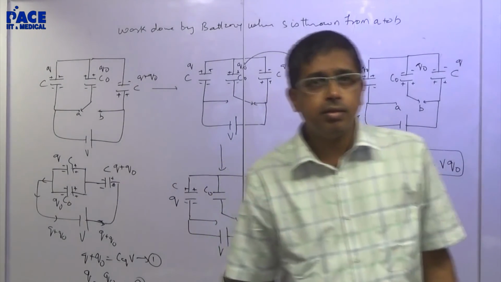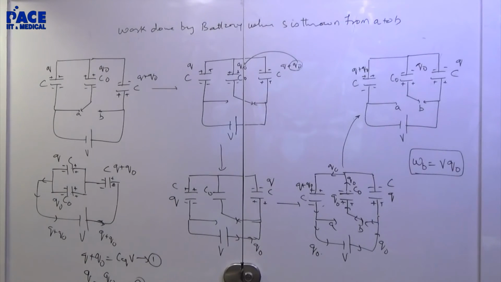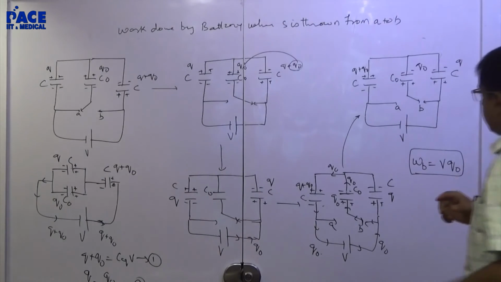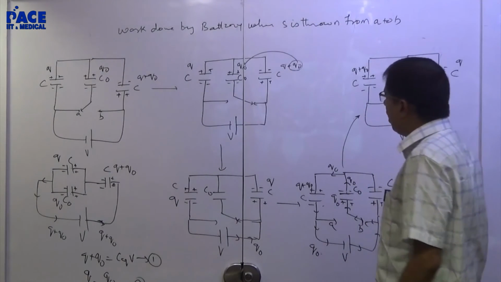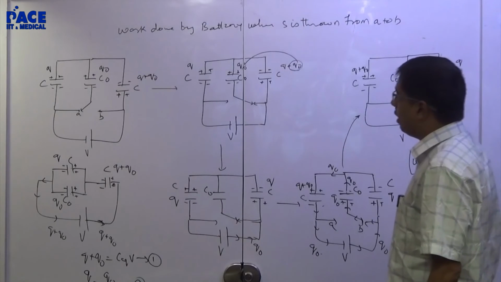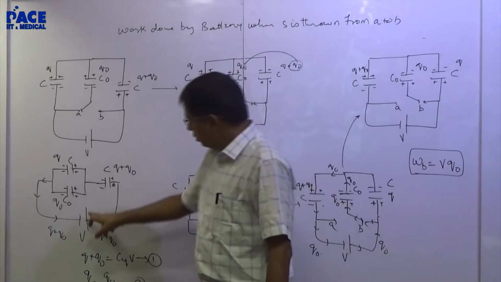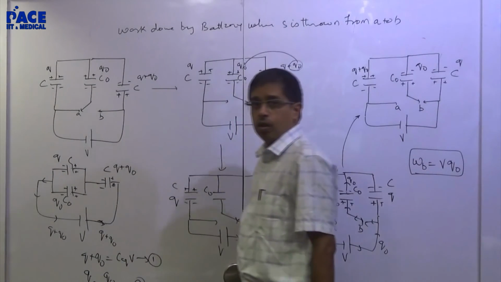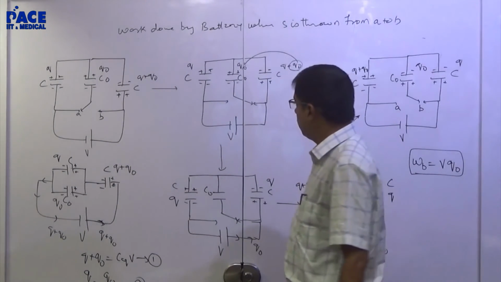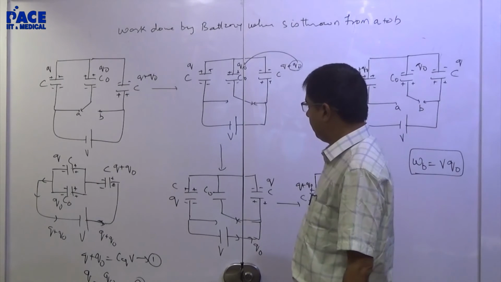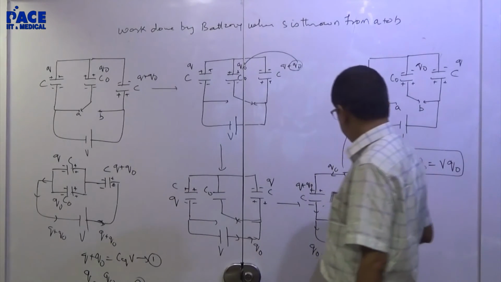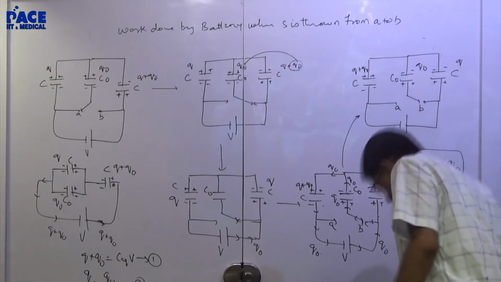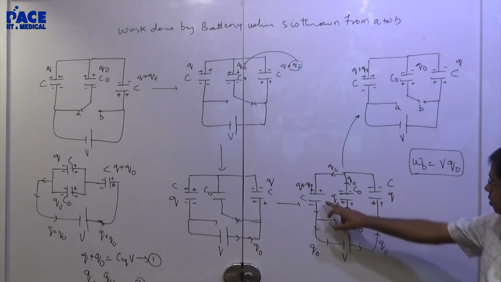Isn't it? Sir? Yeah. So on the third capacitor, won't the charge be Q plus 2 Q0? Why? The leftmost. Sir, in the third diagram to the right, bottom. The third capacitor, the left one.